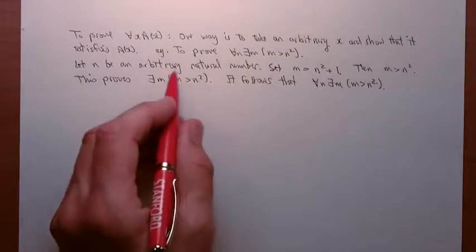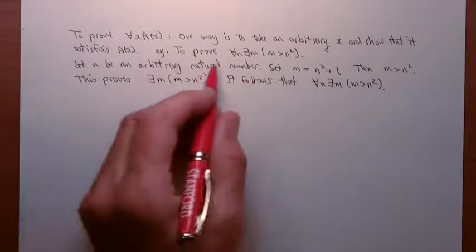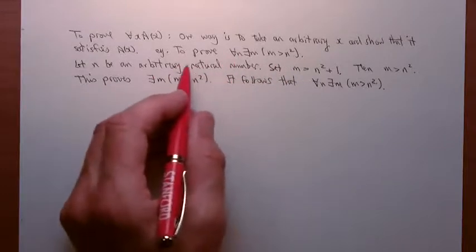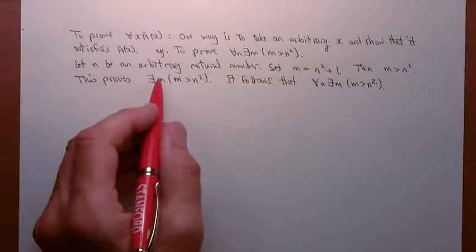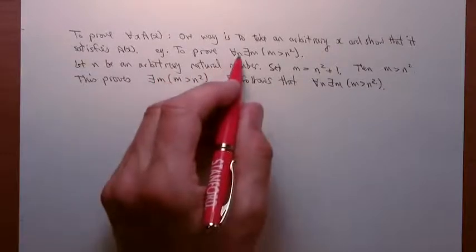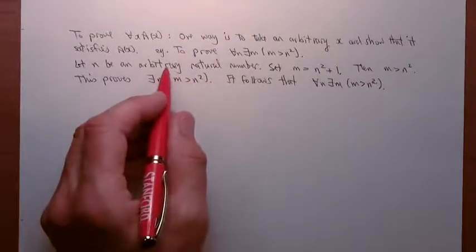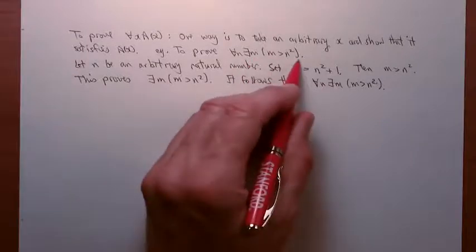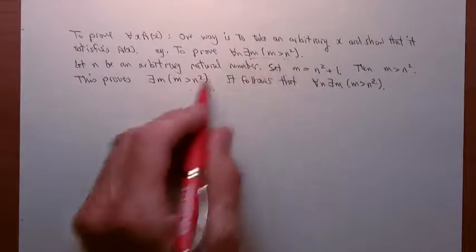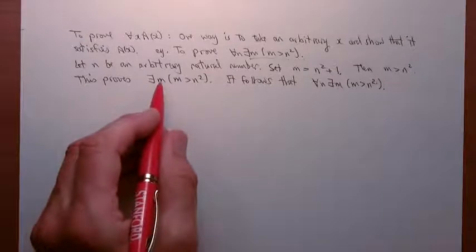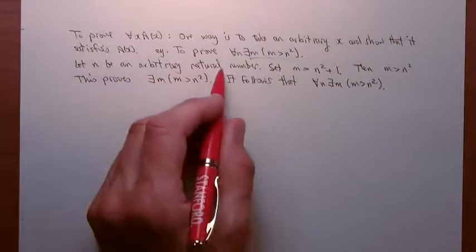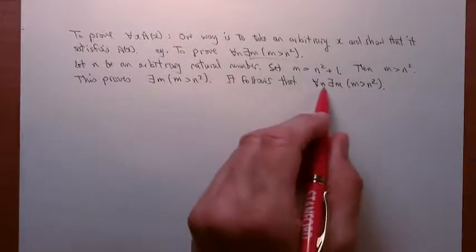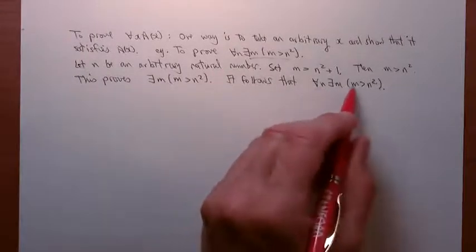In practice, you're probably going to have to do a lot of work here. With a more significant example, there could be several lines or even pages of arguments involved at this stage. But the point is, you eliminate the first quantifier by picking an arbitrary n, then you carry out some reasoning to prove the rest of the formula, which is this thing here. And when you've done that, because the argument works for an arbitrary natural number, it follows that you've proved it in this form.